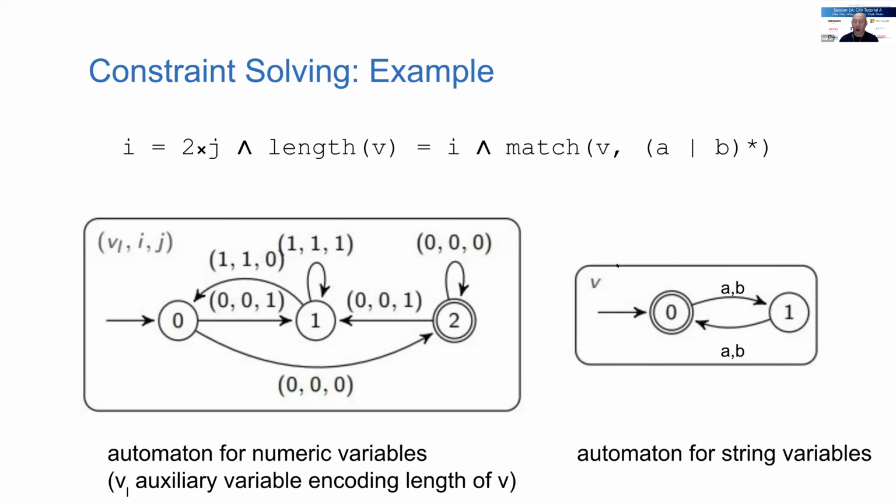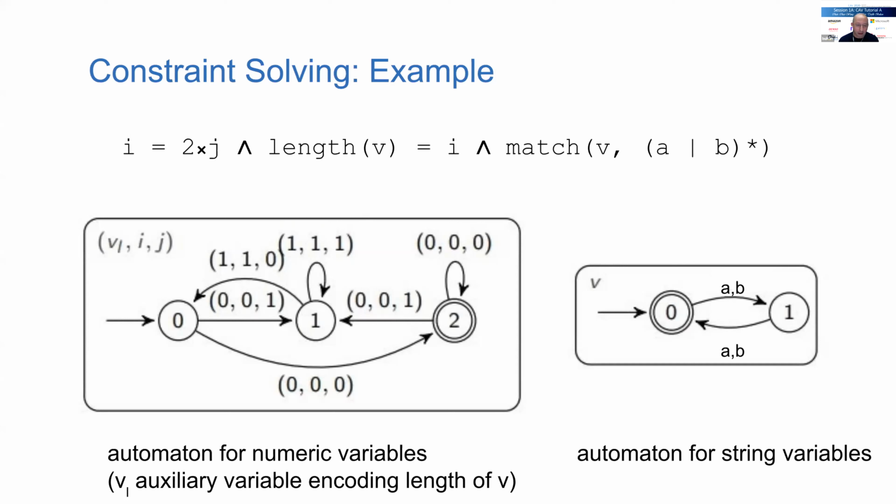It will generate one string automaton. So we keep one string automaton and one numeric automaton. Here it's accepting strings of even length, any string of a or b of even length. So that's what it's doing here.